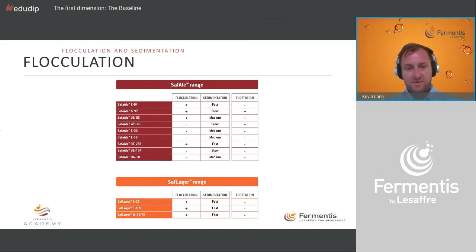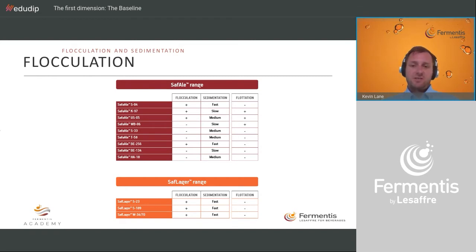There are some strains missing from this. We have come out with new strains recently that aren't included in this data. We'll talk about them a little bit later, not necessarily with each of these specific aspects. But here, the important thing to see is that you have flocculation, either it's a good flocculator or not a great flocculator. So a plus sign being good flocculation, negative sign being not good at flocculating, or what we call powdery yeast.